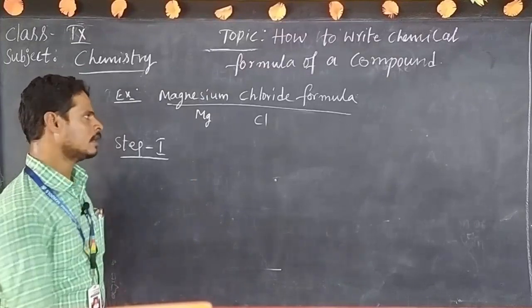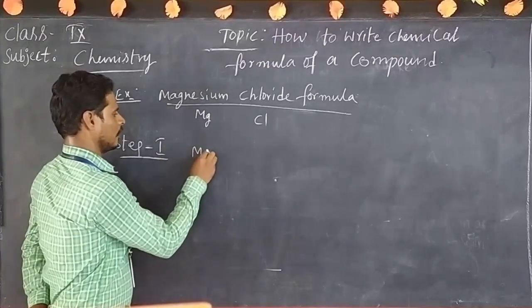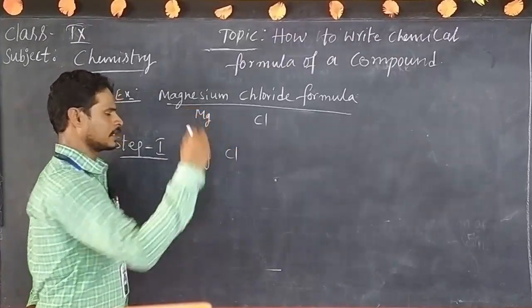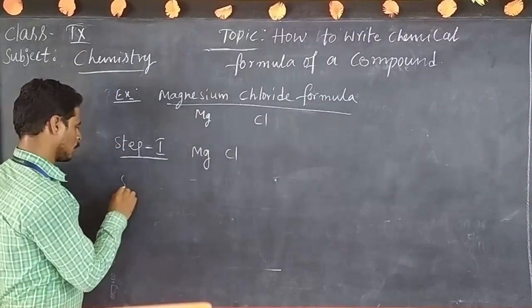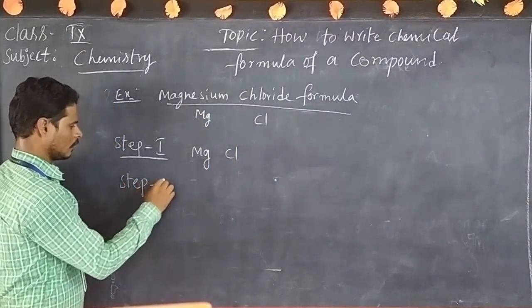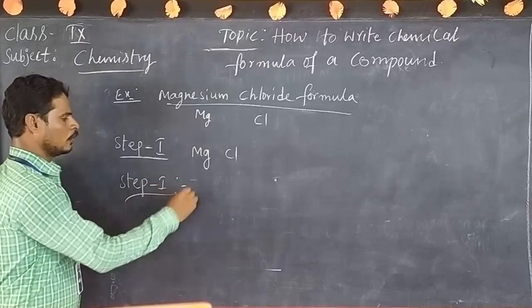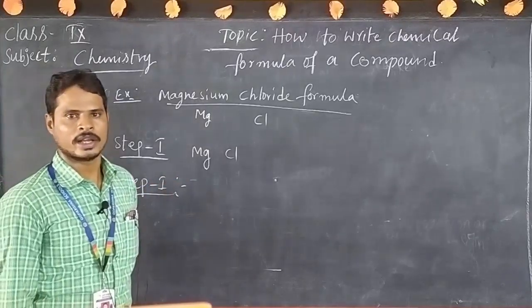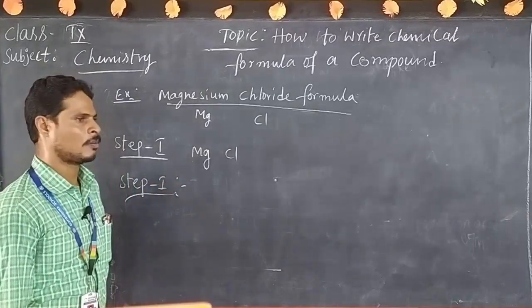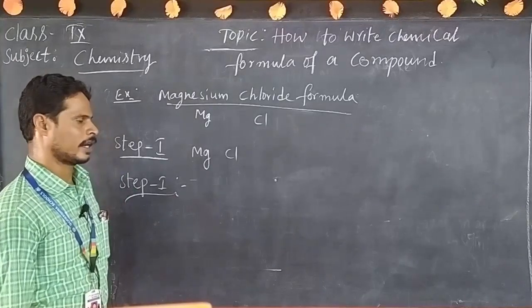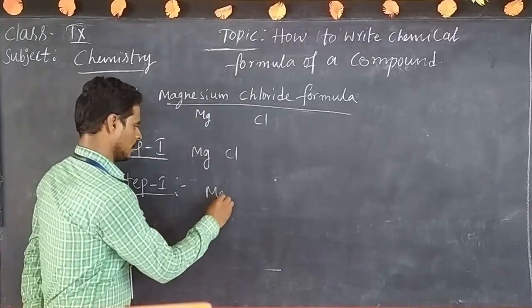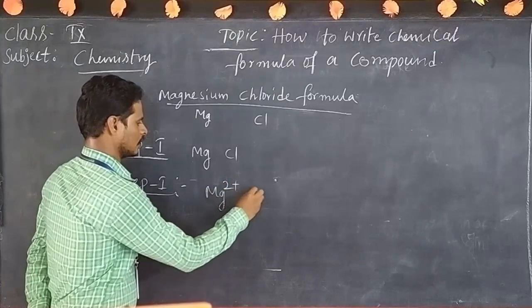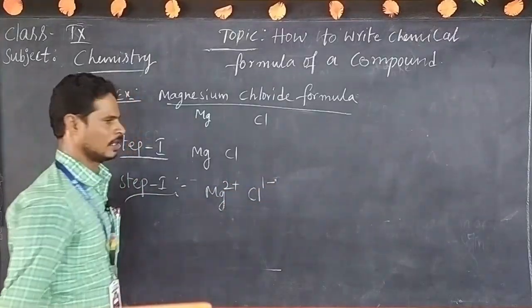Where should we write cation? Left side. Anion, right side. Next, step 2. Put the valency of cation and anion on top right side. Magnesium 2 plus, Cl 1 minus.